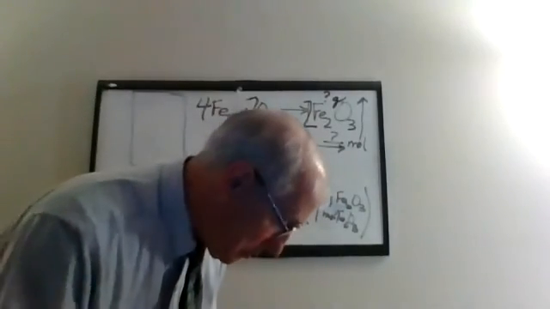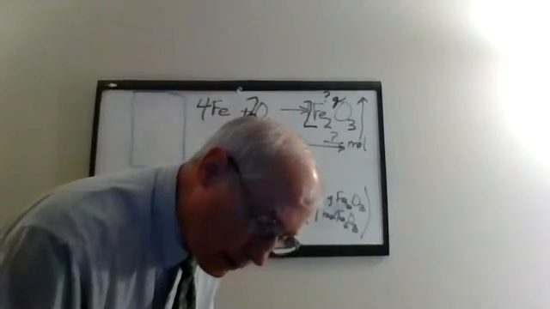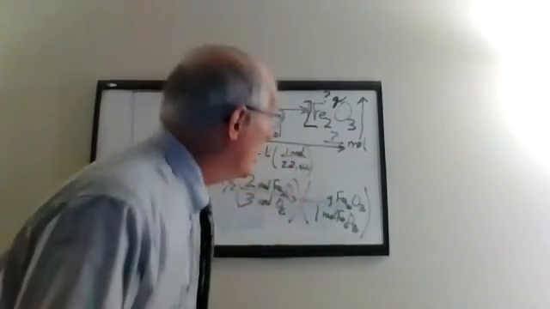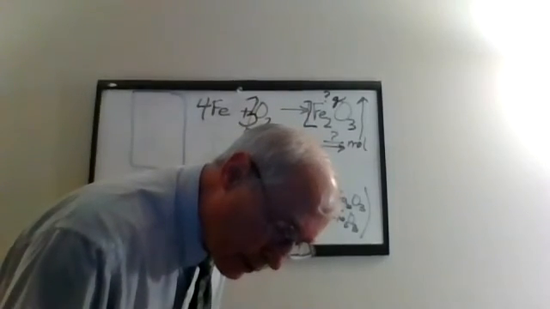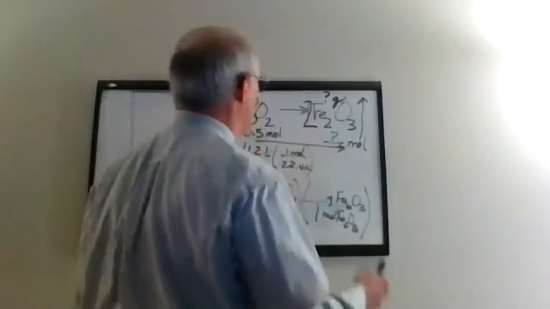Two irons at 55.8. 2 times 55.8 plus 3 oxygens times 16. 159.6.